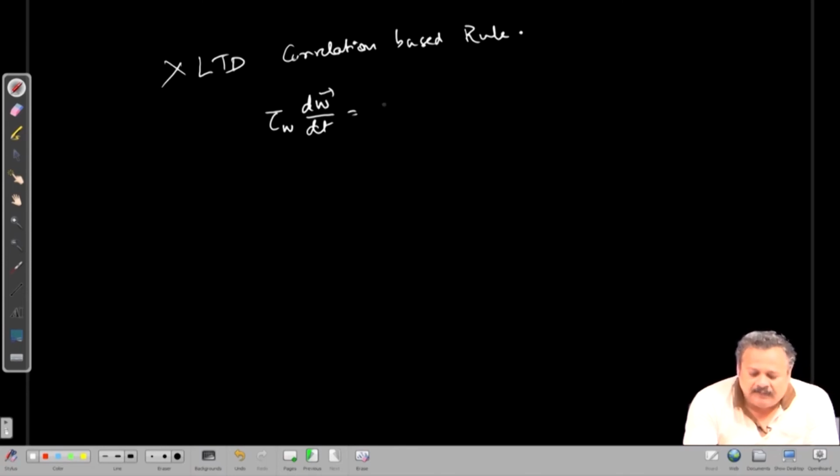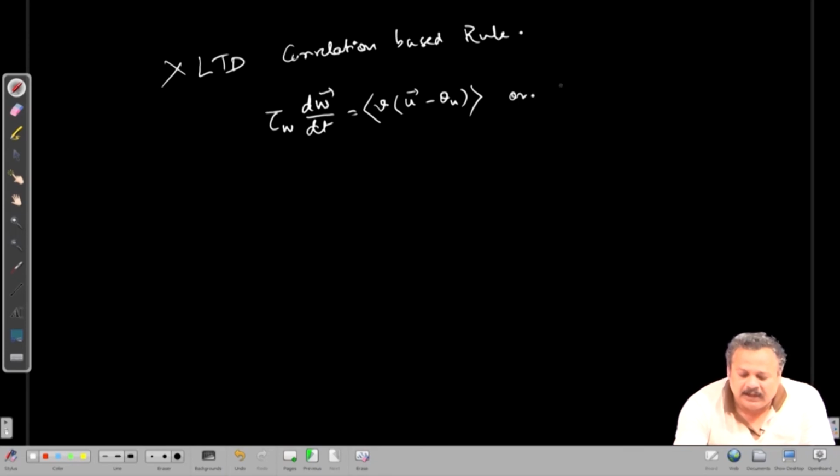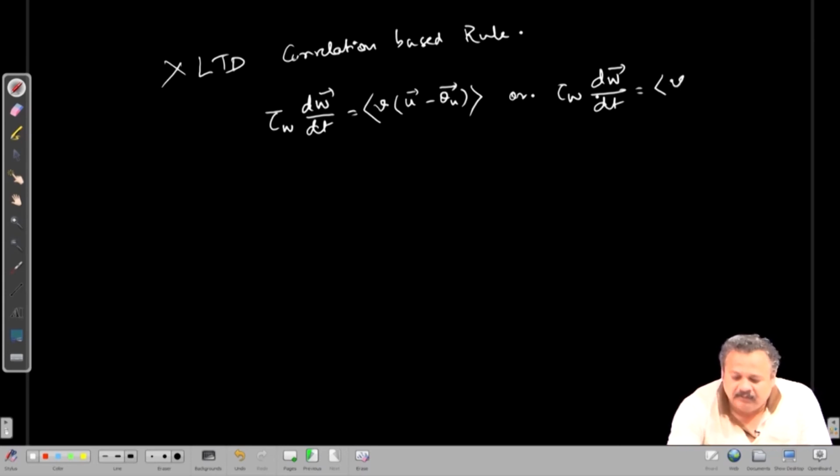We have either tau dW/dt equals the average of V times (U minus theta U), or tau dW/dt equals the average of (V minus theta V) times U.